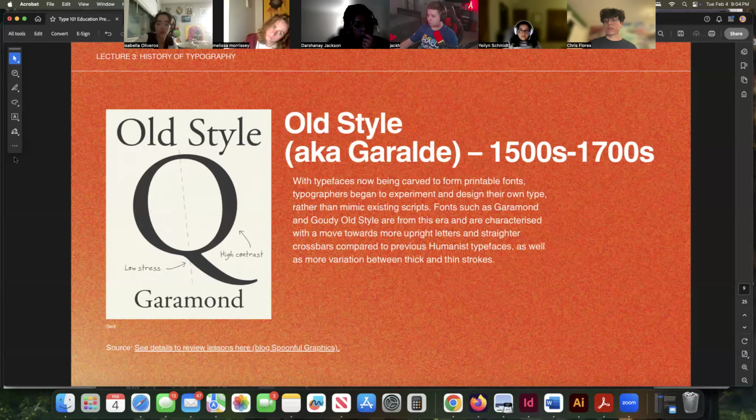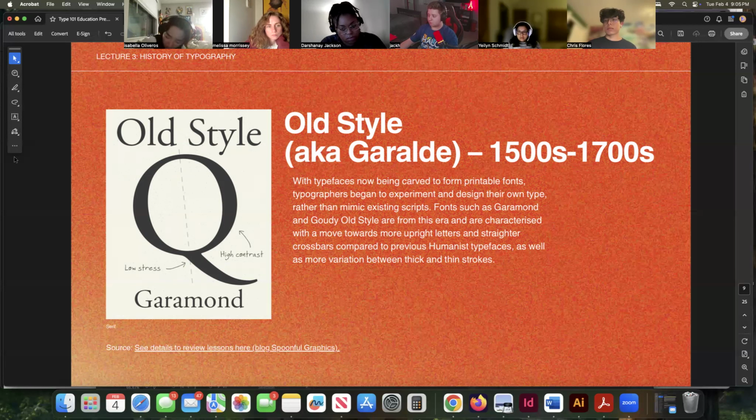And then we get to Garamond, old style, with typefaces now being carved to form printable fonts. Typographers began to experiment and design their own type, rather than mimic existing scripts.